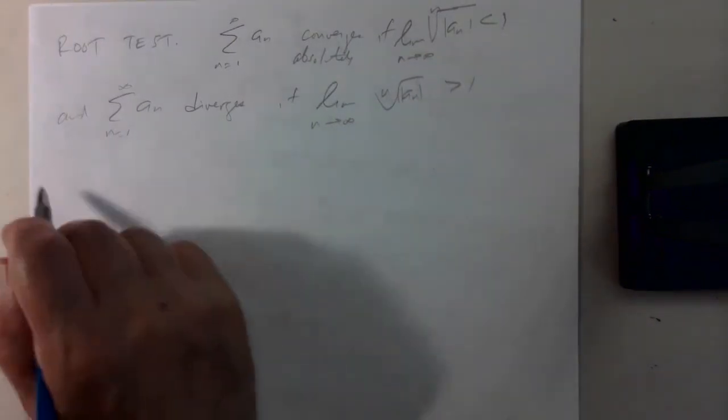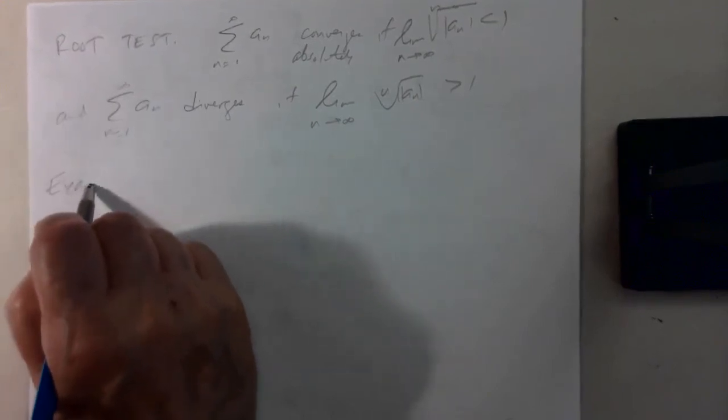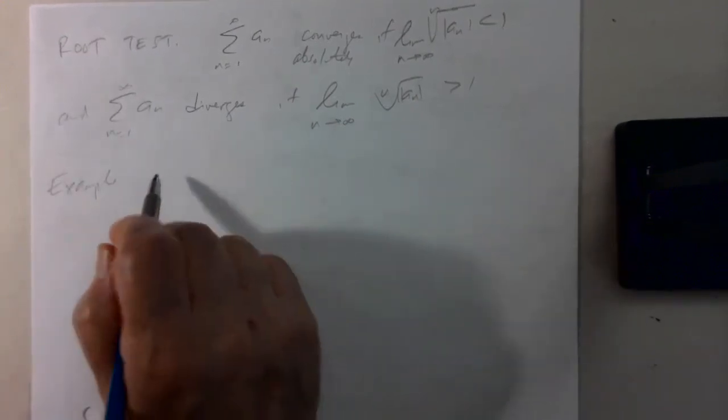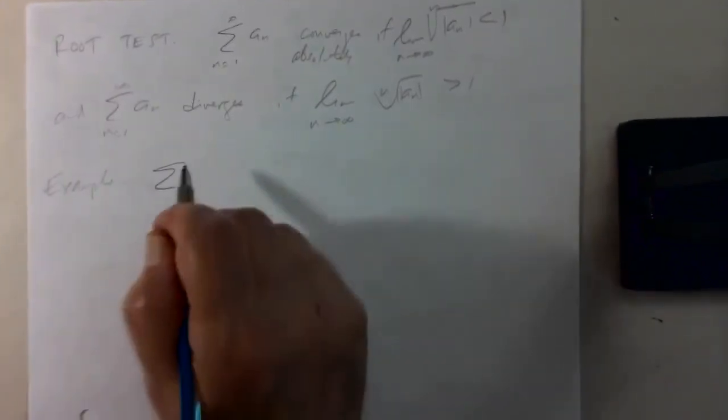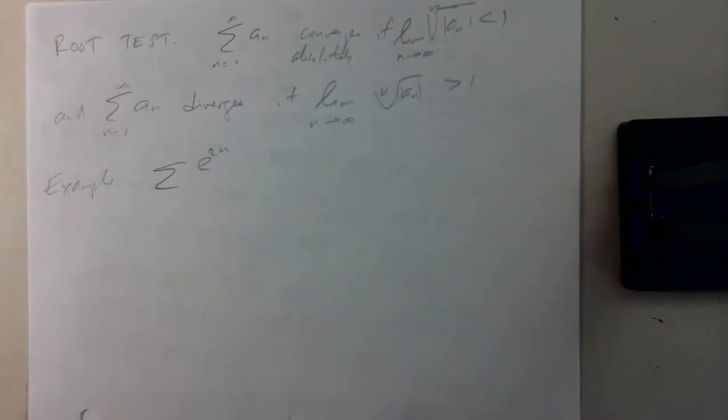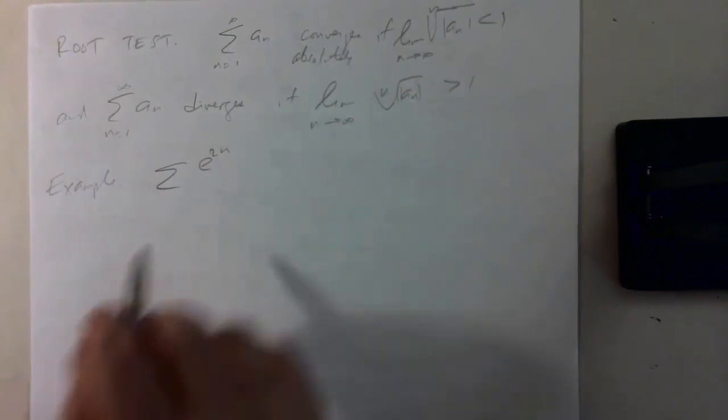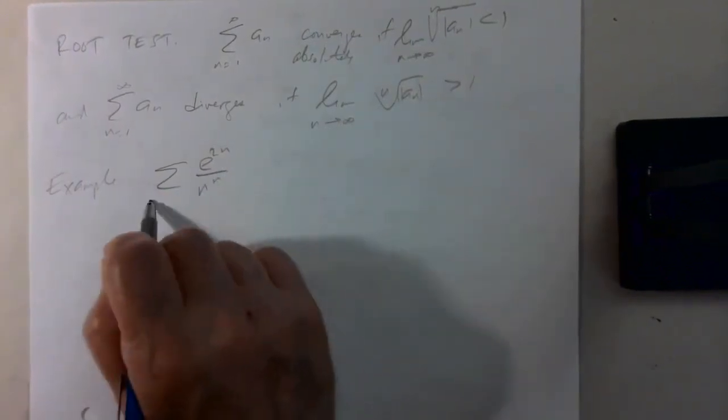So here's an example. Summation e to the power 2n over n to the n.